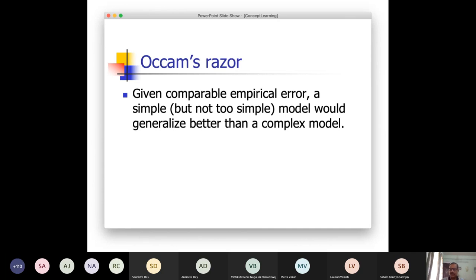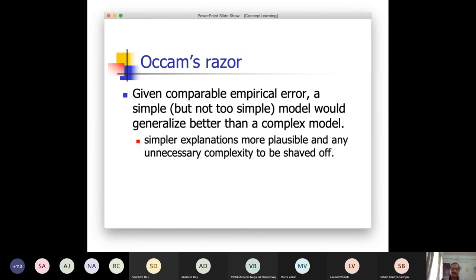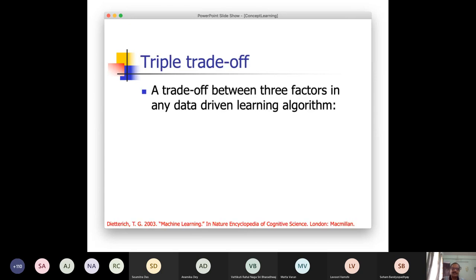We go for a simpler model, which has a better explanation. We say that nature, by its laws, will always favor the simpler explanation or simpler process. It's a philosophical argument. You could have chosen any one of them, but usually you go for simpler explanations.